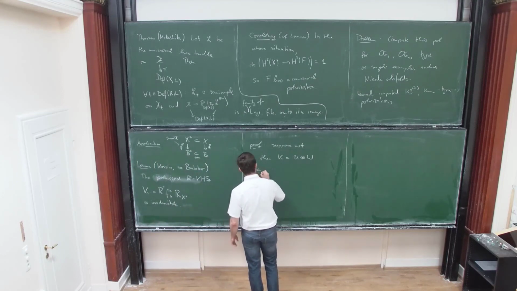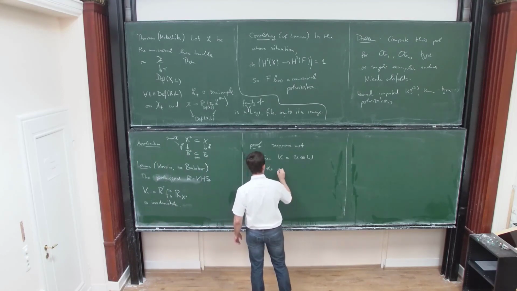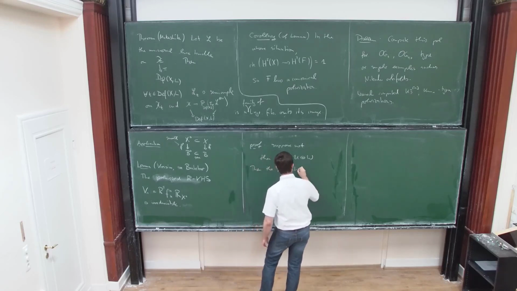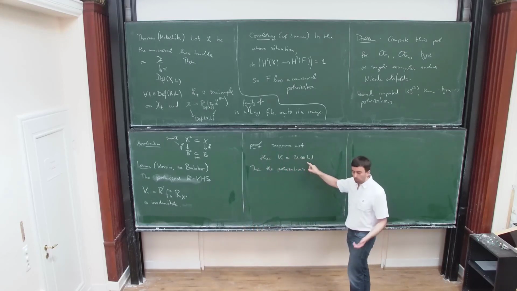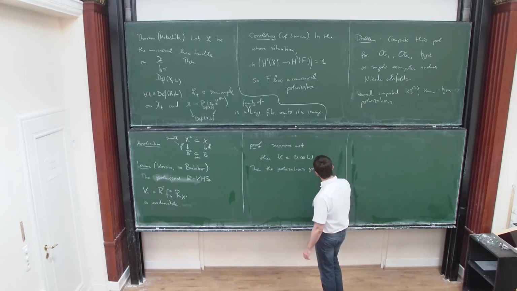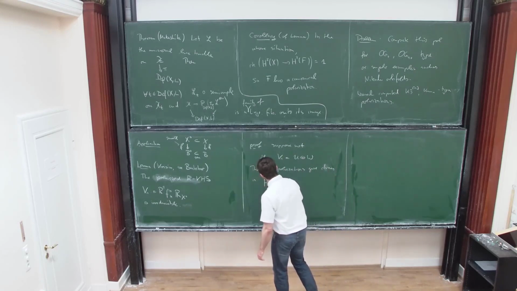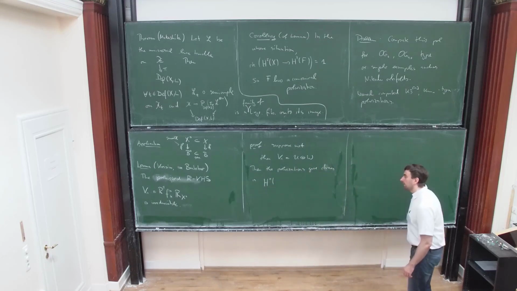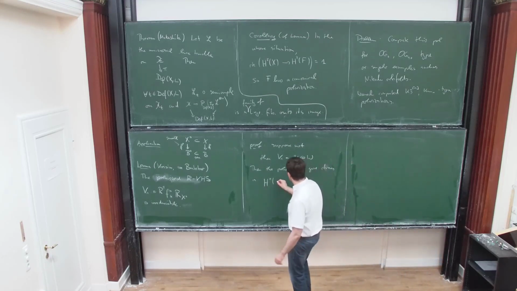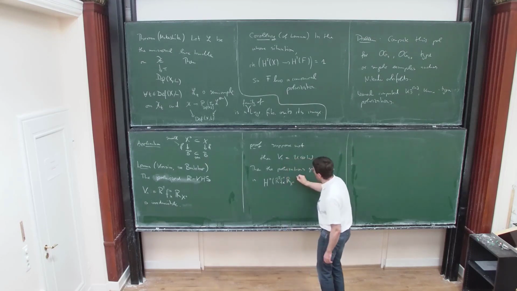So then the polarizations of U and W, there are two polarizations, give classes in H0 of R^2 f°_* R_X°.